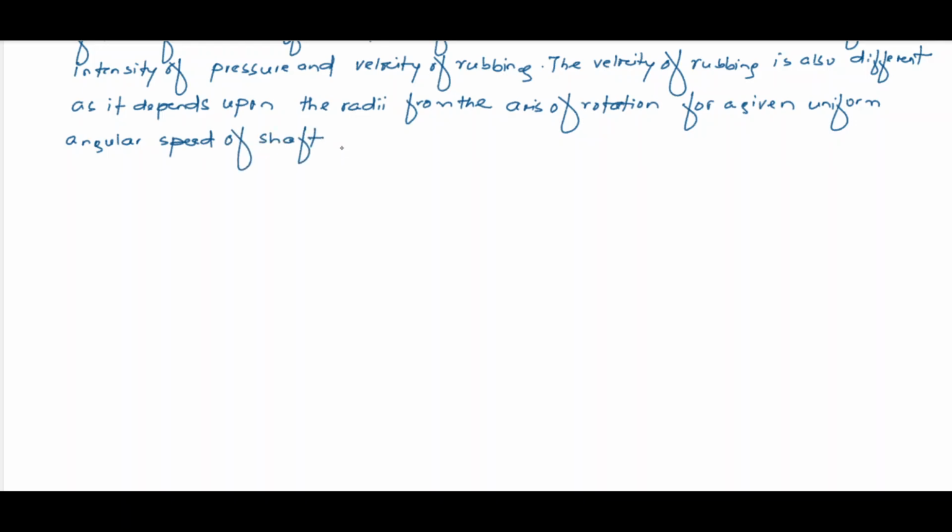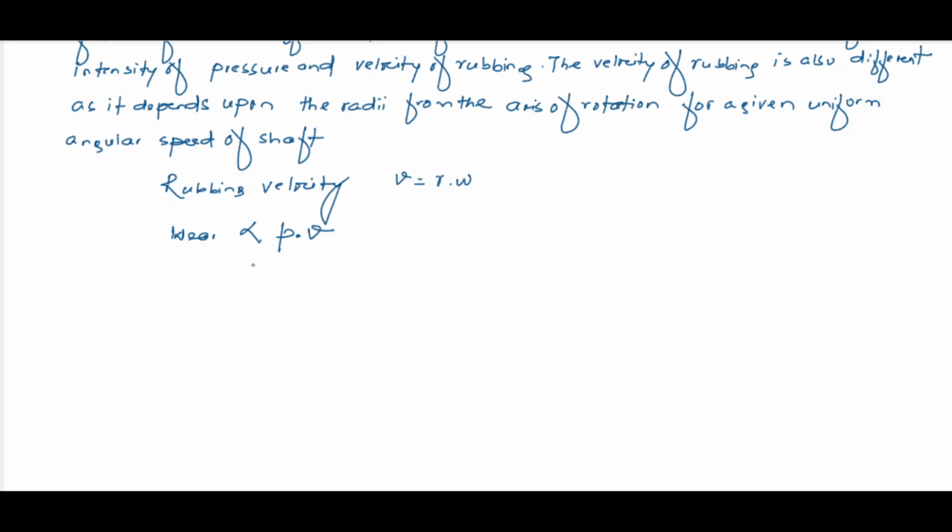Okay, so we know that rubbing velocity V is equal to R dot omega. So as I told you, this wear is proportional to the product of intensity of pressure and rubbing velocity.